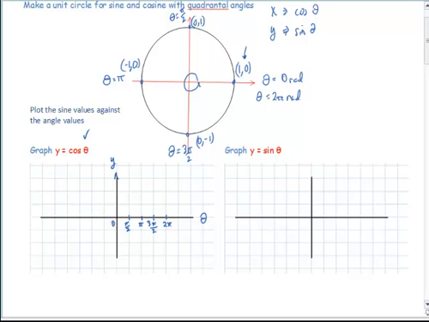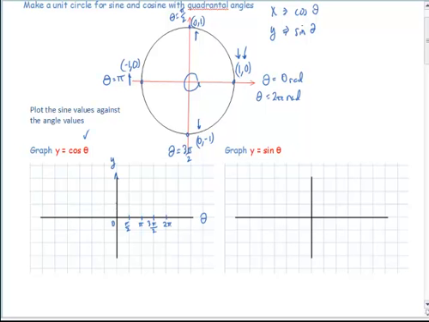And we have 0 here, and the function varies between, if you look at the x values, 1 and negative 1.